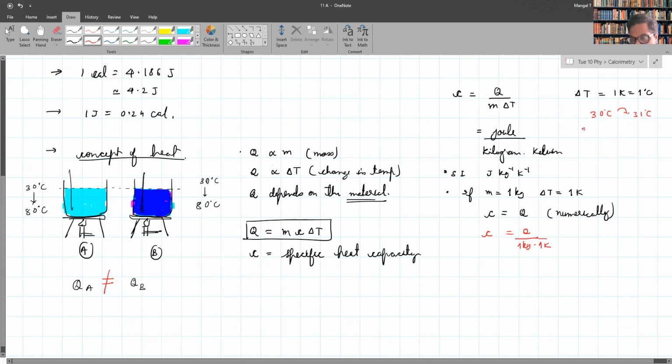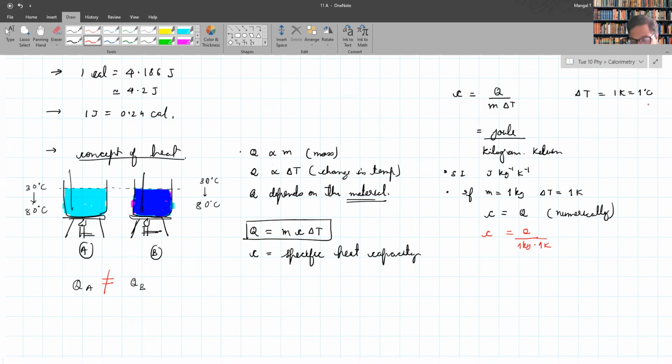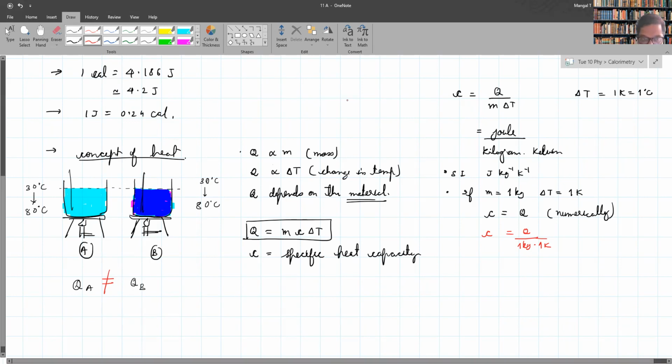That will be 303 Kelvin to 304 Kelvin, which is also a 1 Kelvin rise. Do you follow that? So basically whenever there is a 1 degree rise, it will always be a 1 Kelvin rise also. So a 3 degree rise will be a 3 Kelvin rise, like that. Yes, you have to say rise, not 3 degree temperature.